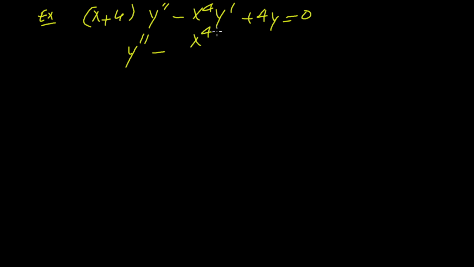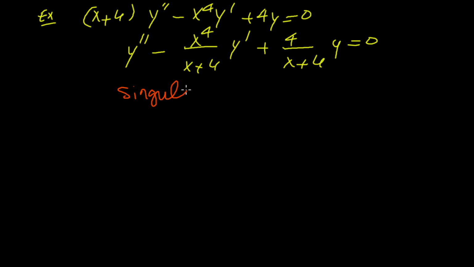Then that's going to make p to be this times y prime and q to be this times y equals 0. So yeah, we do have a singular point at x equal -4. Let's say you have this type.